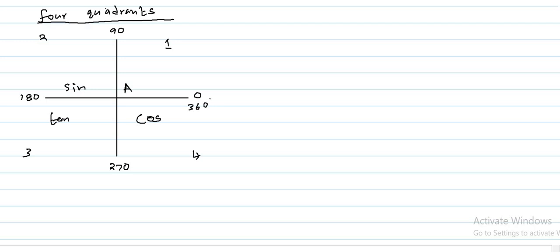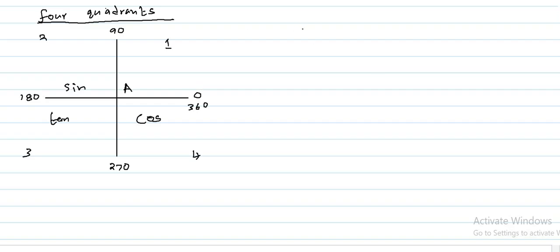So from our 4 quadrants, we have what we call the reduction formula. It is important to know the reduction formula because it helps us to simplify other equations that we are given. The reduction formula states the following.